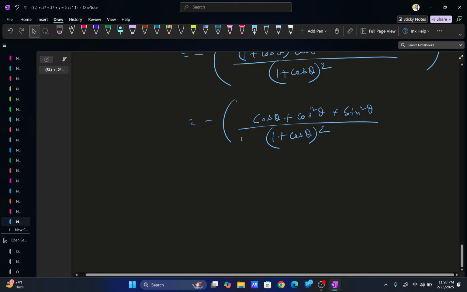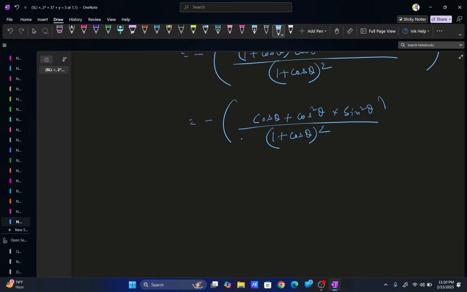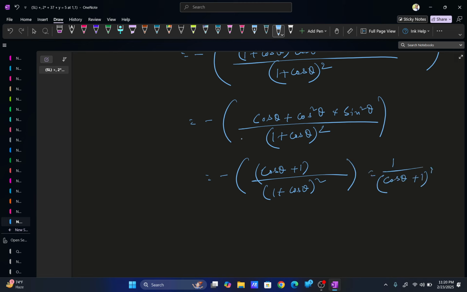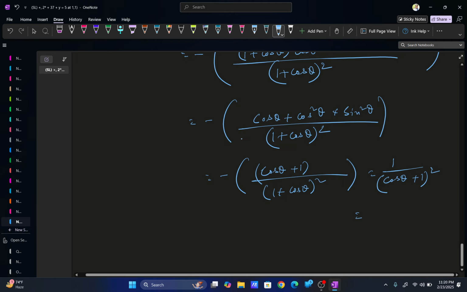Okay, so from this, cos theta plus 1 by 1 plus cos theta square, so we're getting 1 by cos theta plus 1 square. So if we're varying with theta, we know that theta is pi by 3, so the value is 1 by cos pi by 3 plus 1 square.